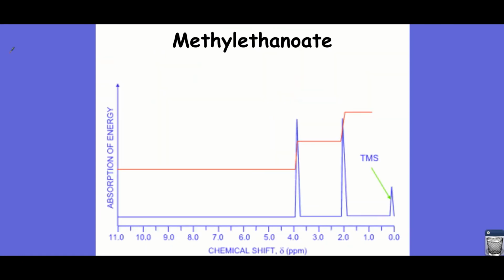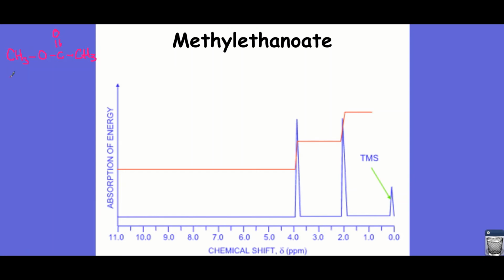So we're going to talk through a couple of examples now and have a go at interpreting the low resolution NMR. So we've got an ester here, we've got methyl ethanoate. So I'm going to start by just drawing this structure, which will obviously always help. So here we have methyl ethanoate.